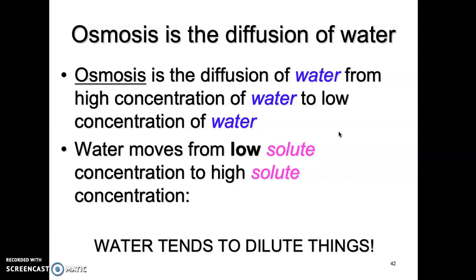If you leave it there long enough and don't eat it, it's going to wilt. Why? Because water moved from where there was less solute, less salt inside the lettuce, to where there was high salt outside the lettuce. And those cells all lost their water. So water went from where there was a lot of water to less water, but also from low solute to high solute.